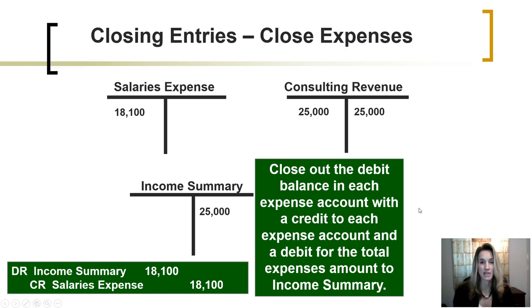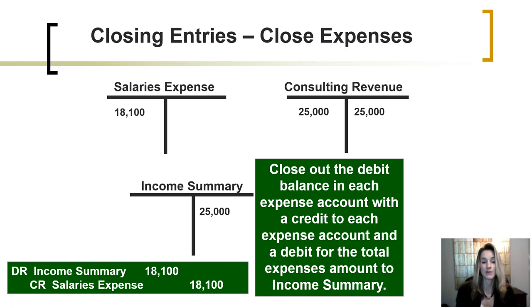Our second closing entry will be to close out the expense accounts. If we go to the general ledger, we will see that the expense account has a debit balance of $18,100. To clear out that debit balance of $18,100, we need to credit that account for its balance of $18,100.